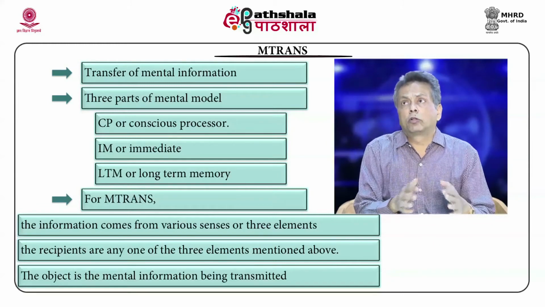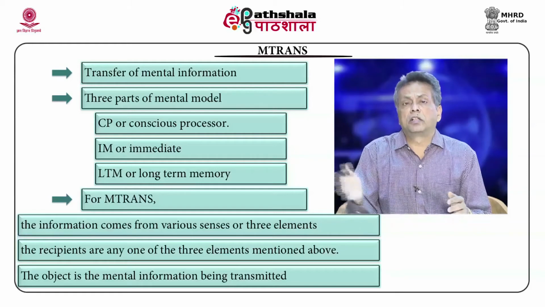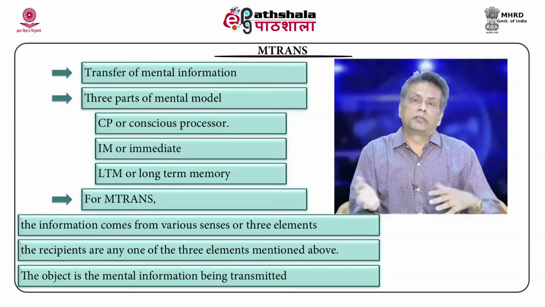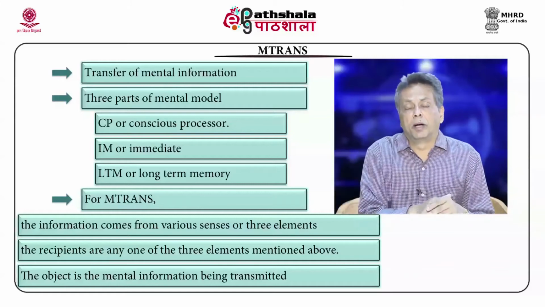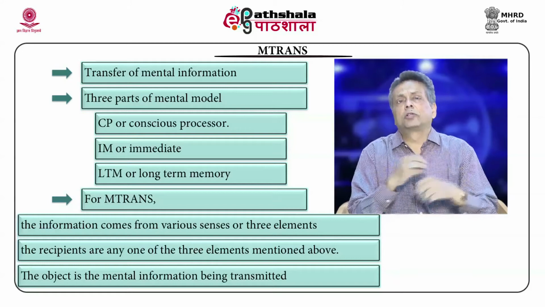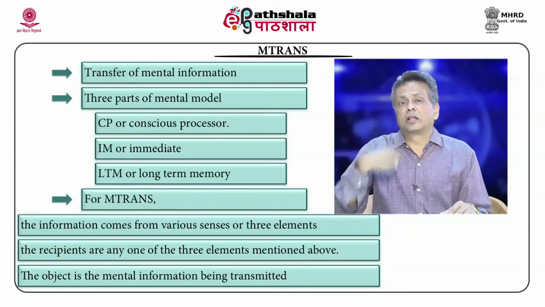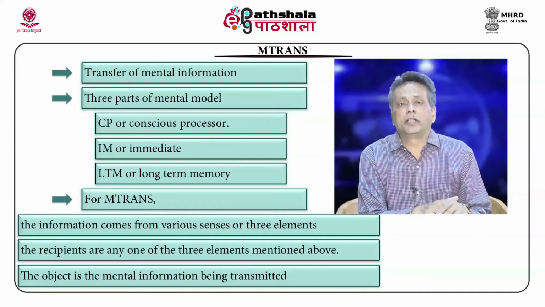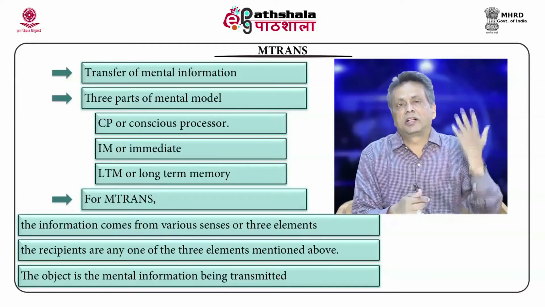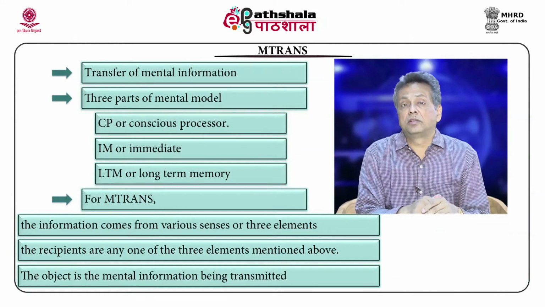When you talk about mind, Schank and his team who developed this use three different parts of the brain. One is long term memory, which retains everything that is remembered; then a short term memory; and a conscious processor, which processes the information. So, when I am reading, I am M-transing information from that newspaper to the CP, and once the CP reads it, it might use short term memory for processing and then transfer that to long term memory. This is what is represented.